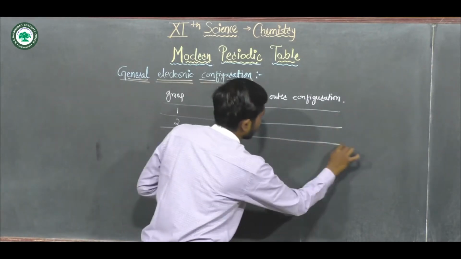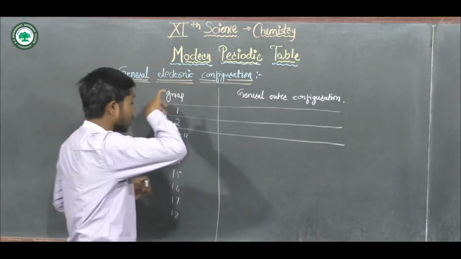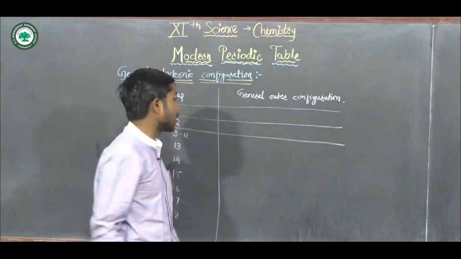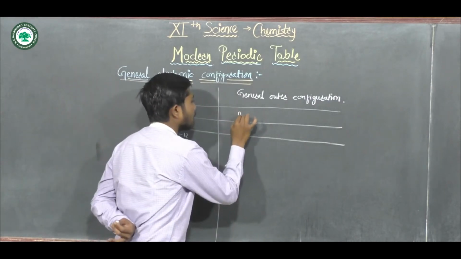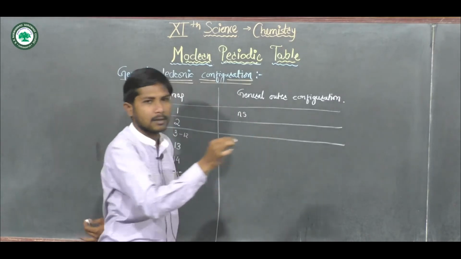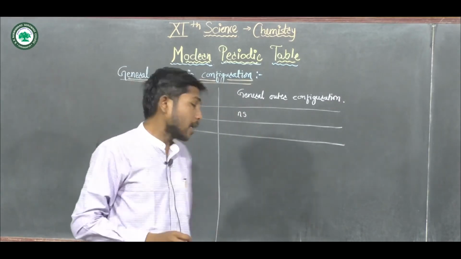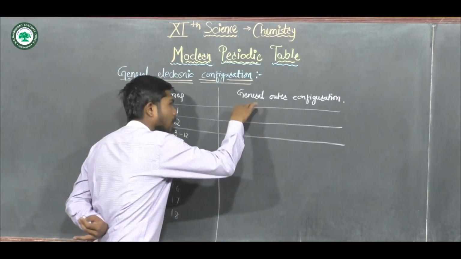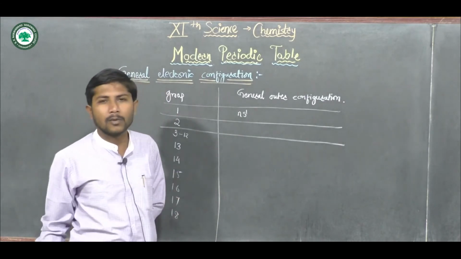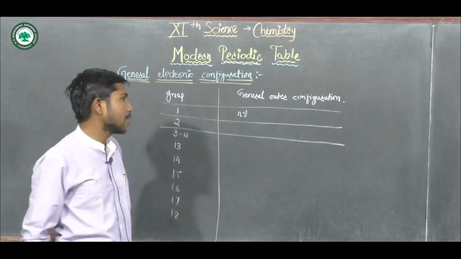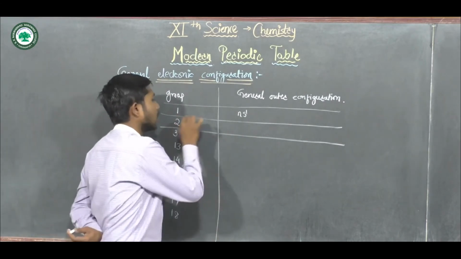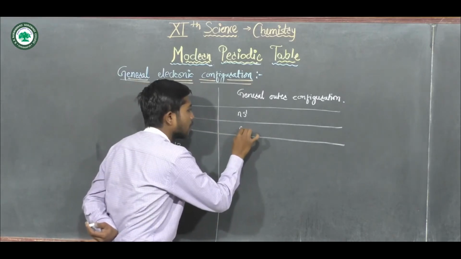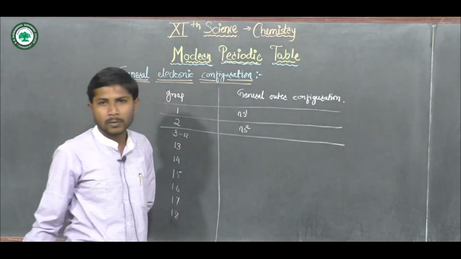We can determine that the first group contains the S orbital, that is ns, and there is the presence of only one electron, that's why ns1. For the second group, ns2.